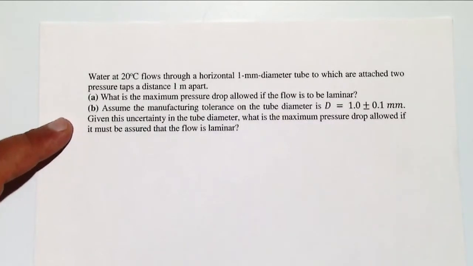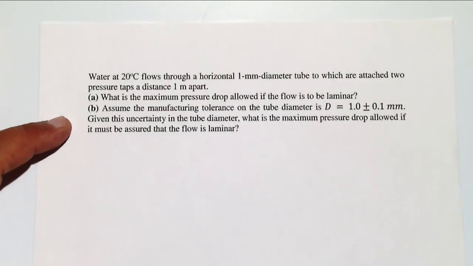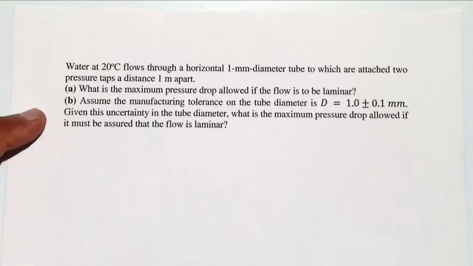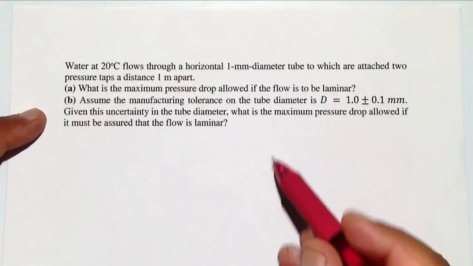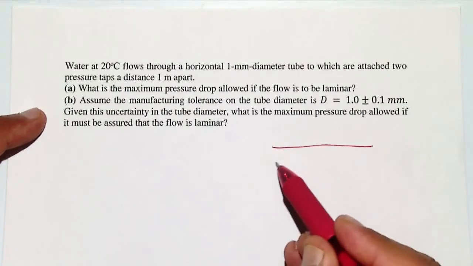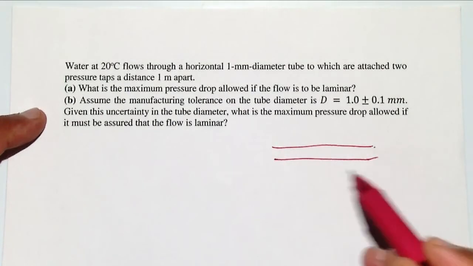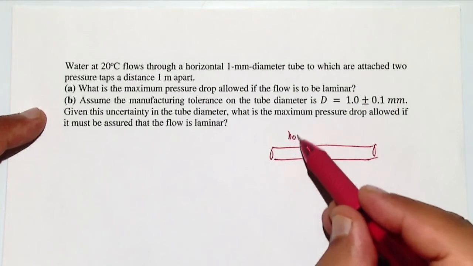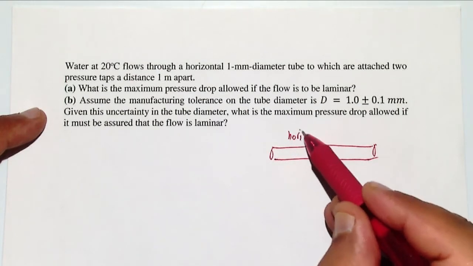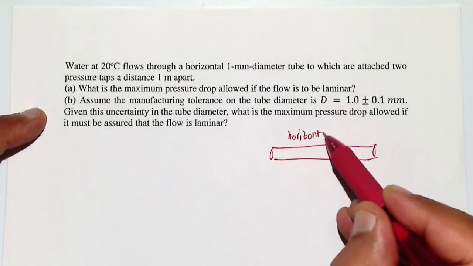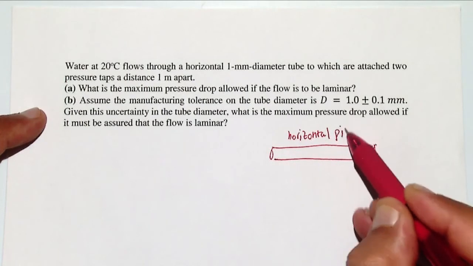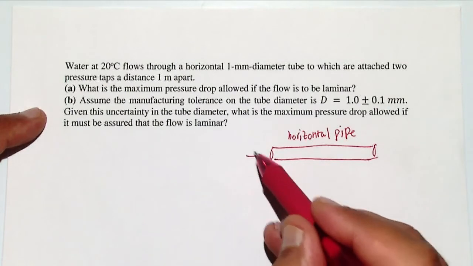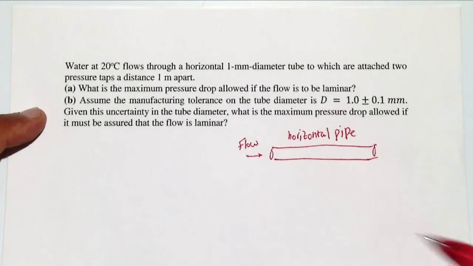First I will show you how we always draw a figure, if the question doesn't have one, to add numbering and show how the flow passes. So it's a horizontal pipe or tube, and the flow comes in from one side.